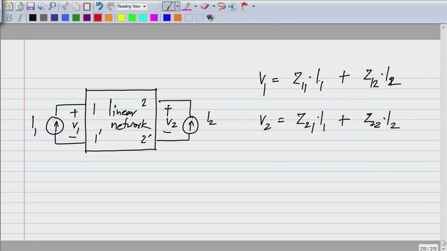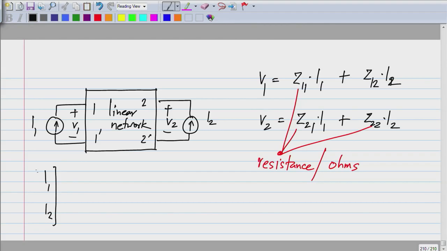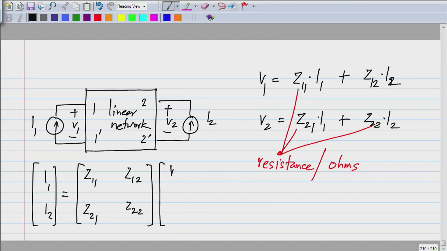So clearly you multiply I1 by some number to get a voltage. So these have dimensions of resistance and units of ohms. And again, for compact notation, you end up using this matrix form.